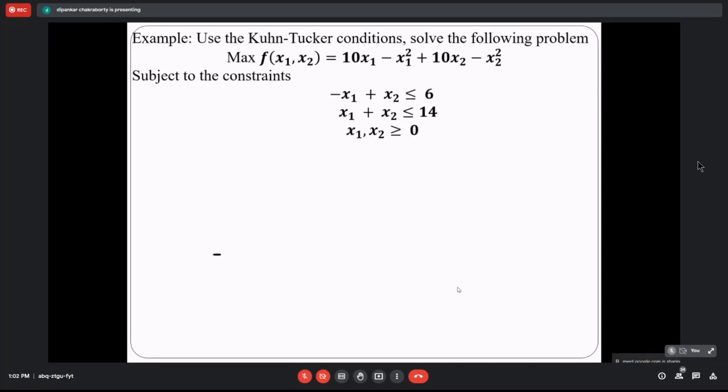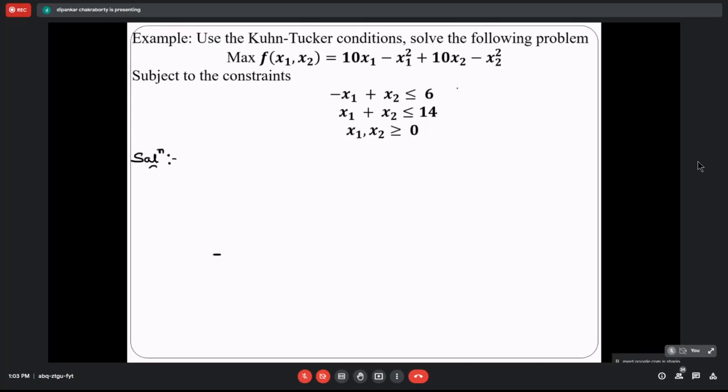First of all, if I ask you, is this problem a standard maximization problem? Yes, because here we have to maximize the objective function, and both the constraints are less than or equal to type. Now, it may not always happen like this.